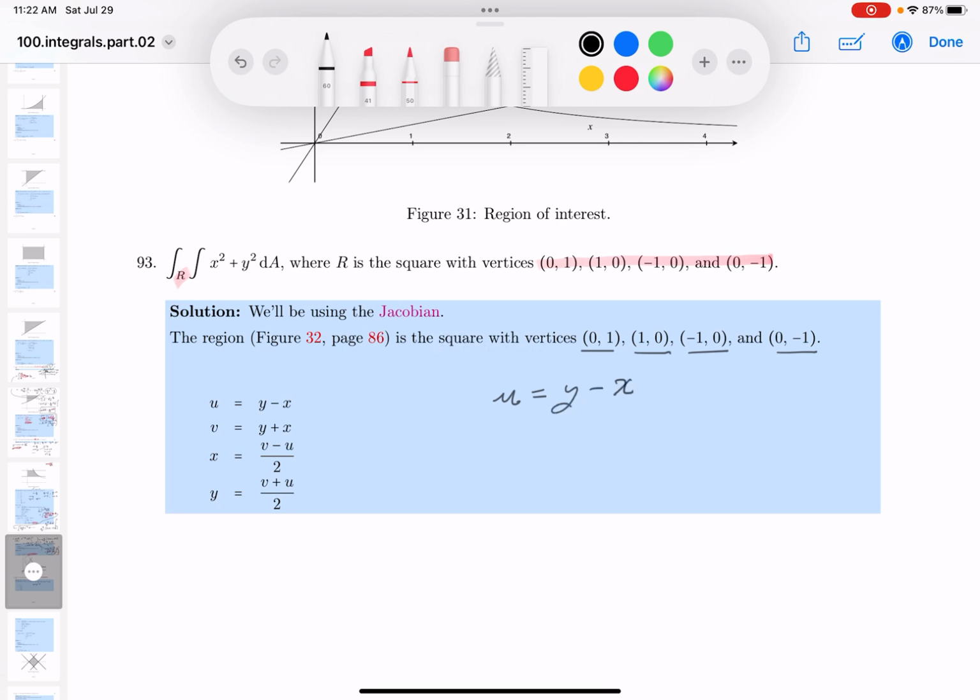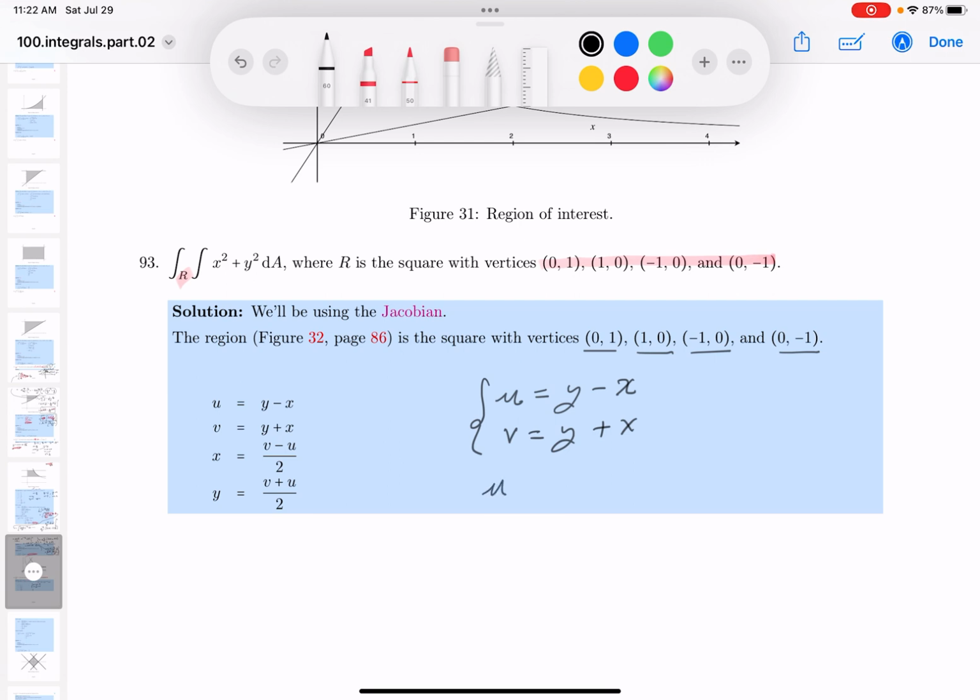Again, this is not unique. What's nice about this, though, is I can easily solve that for y and x. Let's put this down. Add them together, and you're going to get u plus v would be 2y. And then I could say y is equal to u plus v over 2.